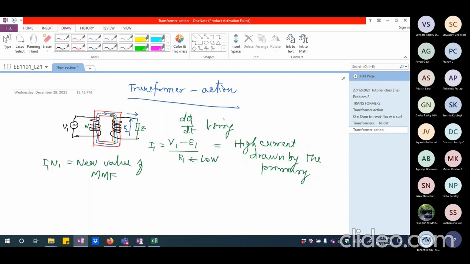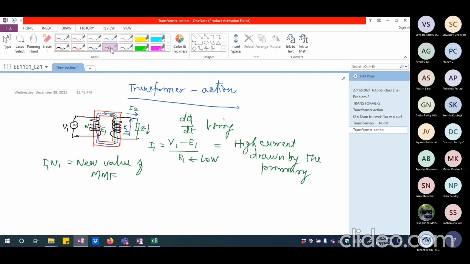That is going to actually increase the flux until it bounces back to the original value. And once it bounces back to the original value, everything will be exactly like what was originally the case with the no load condition, when there was no load at all. So you are going to have E1 again in the primary and E2 again in the secondary. And still the load current will be flowing through this. If I may call this current I2, the amount of increase in the primary current will be exactly the same as the MMF that caused the reduction in the flux.